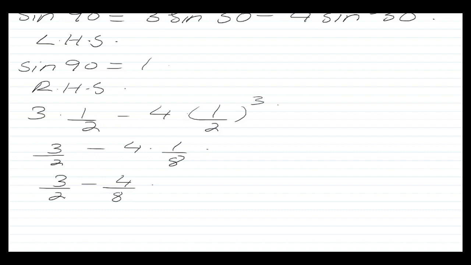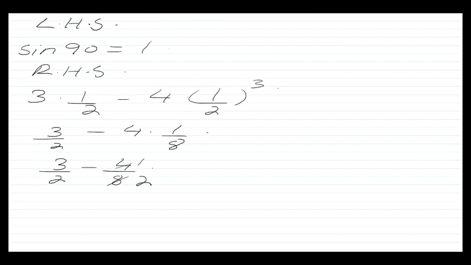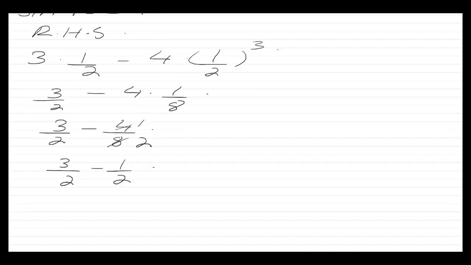But instead of multiplying this with 4 by 4 in order to convert the denominator to 8, we can simplify this fraction. So this will be 1 and this will be 2. So that means that 3 by 2 is subtracted from 1 by 2. So 3 minus 1 will be converted to 2 by 2. And 2 by 2, they both get divided and the answer will be 1.